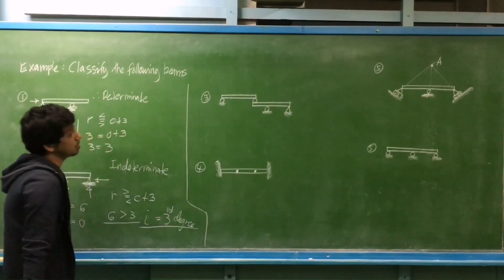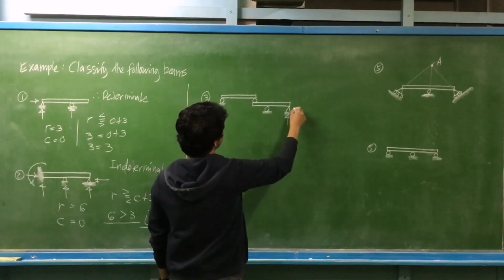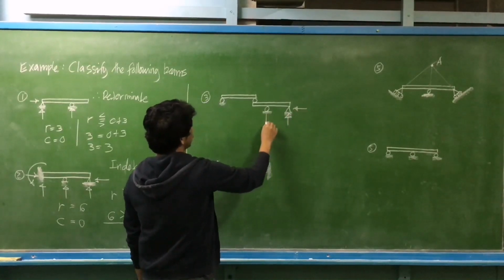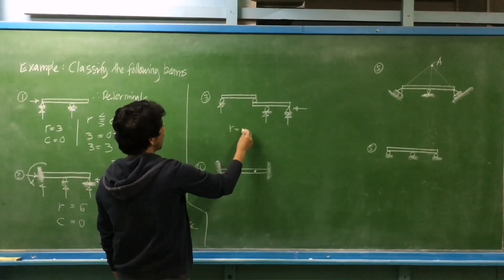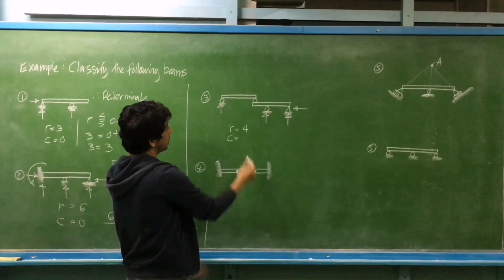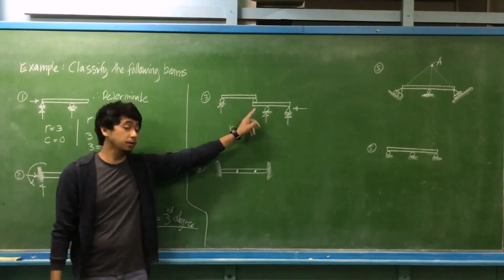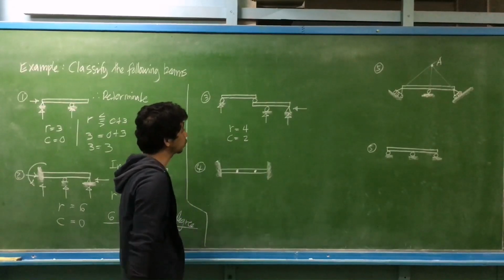Example number 3. Okay, how many reactions do we have? For a hinge, we have 1, 2, 3, and 4. So the number of reactions is 4. What is the value of C? We have an internal roller. For an internal roller, the value of C is equal to 2.